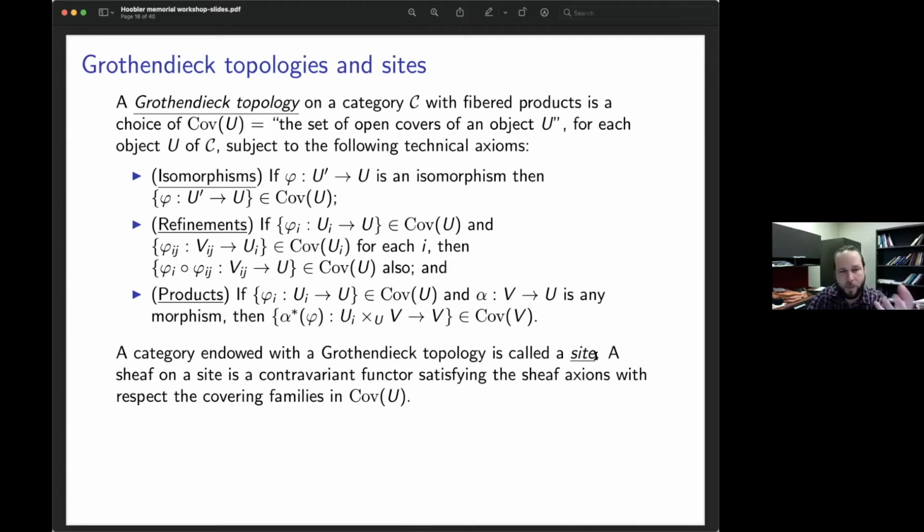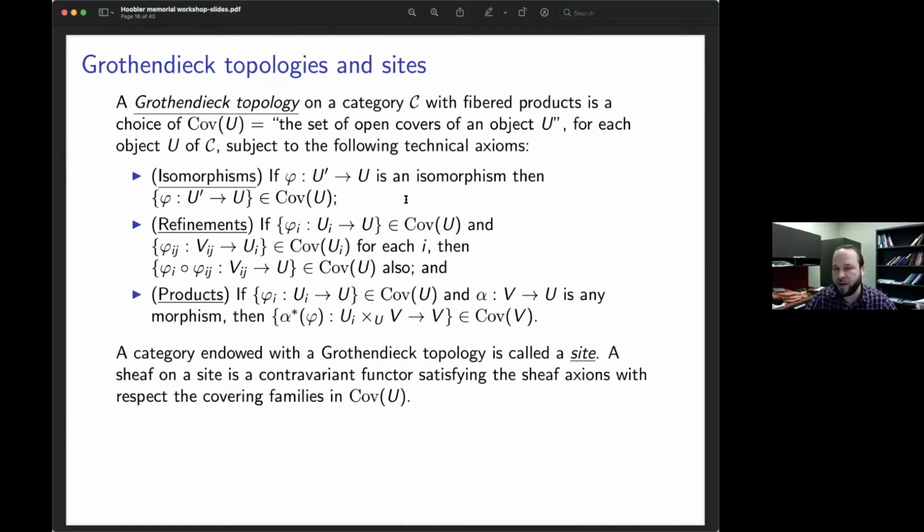Now that I have open covers, I can define sheaves in the same way as before. They're going to be special kinds of contravariant functors from this category of opens into someplace else. And in order for such a contravariant functor to be a sheaf, it should satisfy the same sheaf axioms that I wrote down before, except with respect to this new notion of what it means to be an open cover.